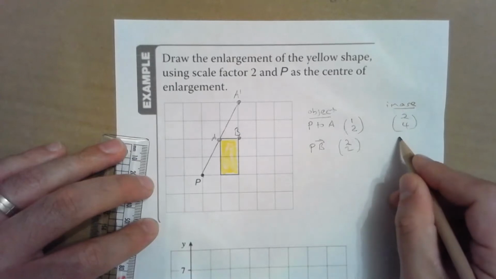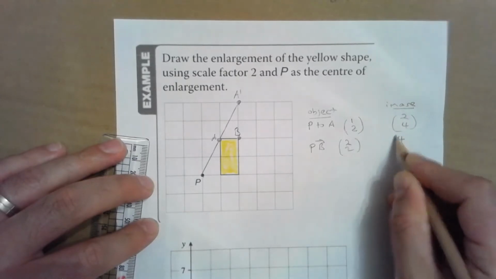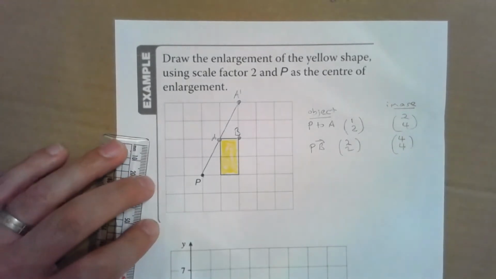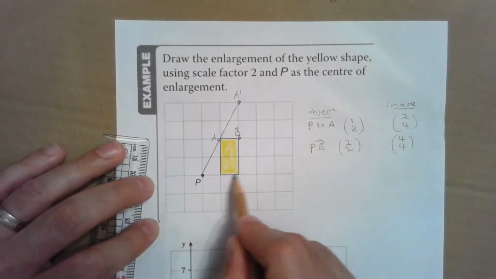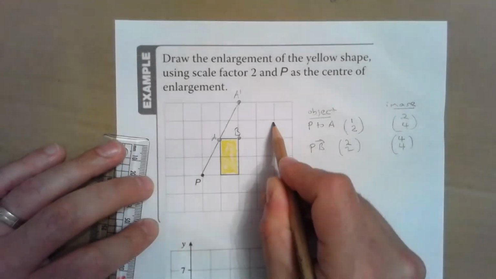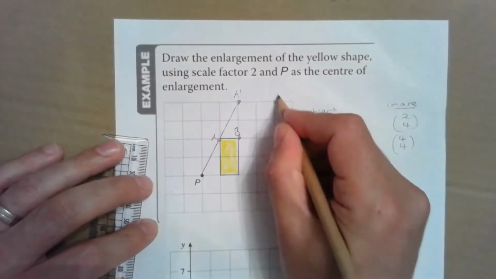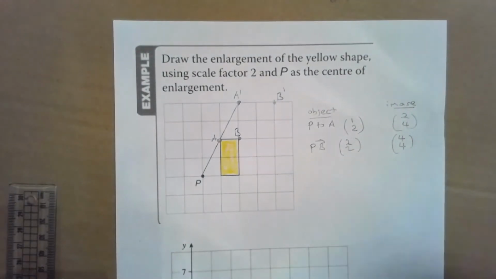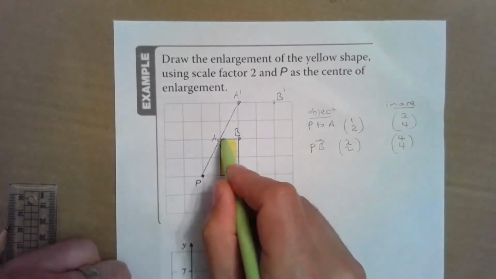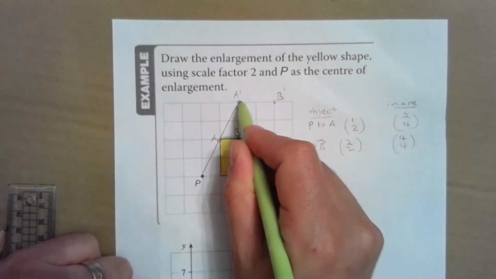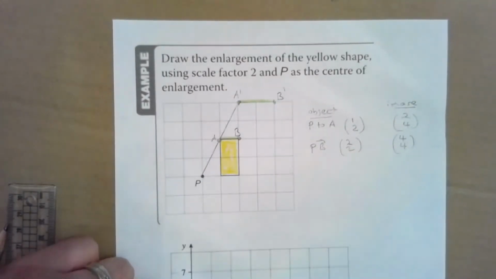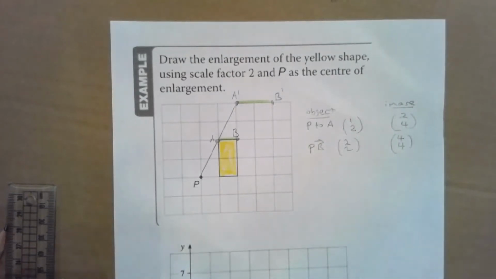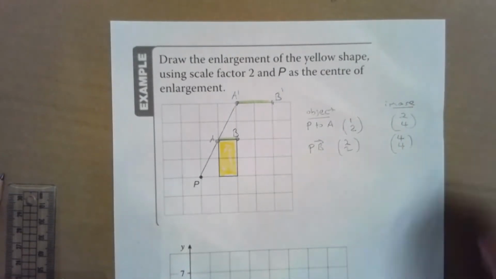So in the image that's going to be twice the size, 4 right, 4 up. So 1, 2, 3, 4, 1, 2, 3, 4. So that'll be the new B. So this line there is now going to be there. Okay, and that's enough for us to see the rest.